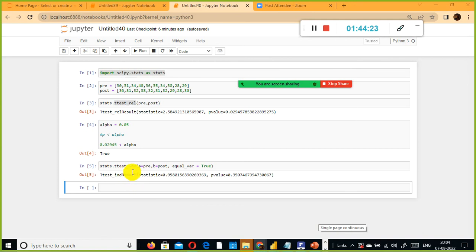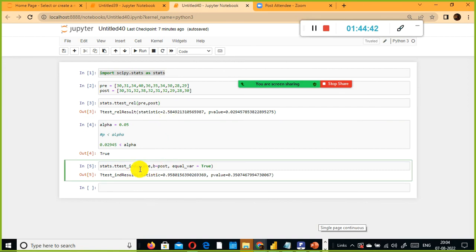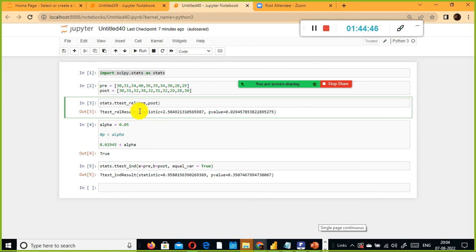The averages of both the samples are not the same, it is different. This is the independent test, the two sample independent t-test, and this is the matched pair test.